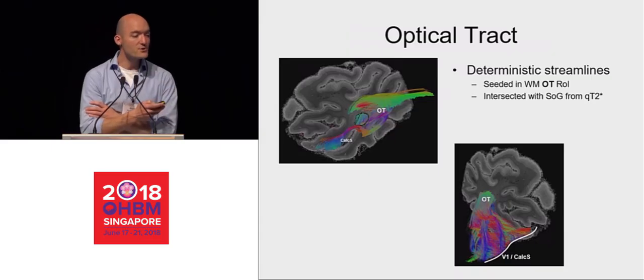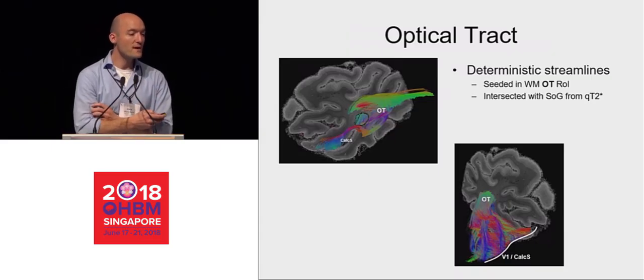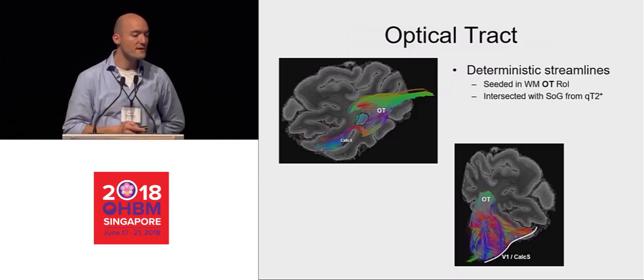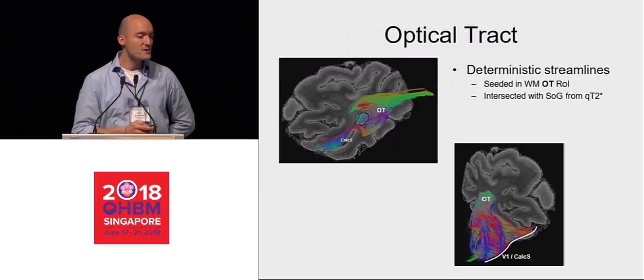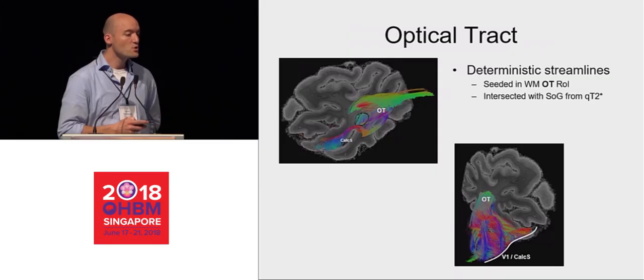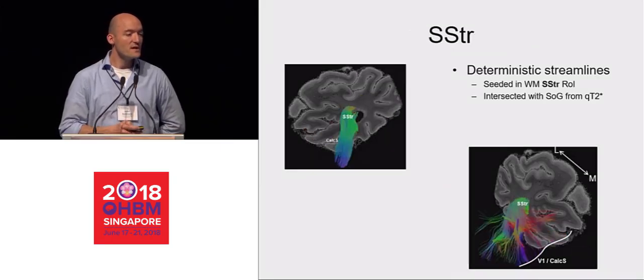You see, viewed from anterior to posterior on the upper left there, and from posterior to anterior from the reverse side in the lower right there, the very interestingly curving pathways of the optical tract towards the calcarine sulcus.